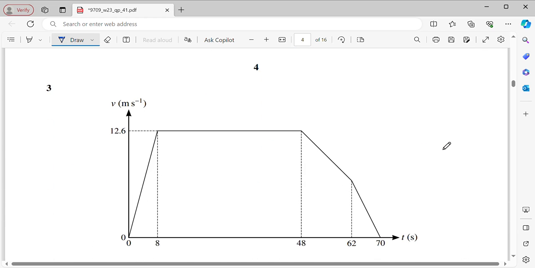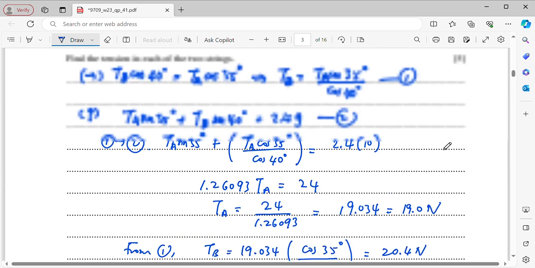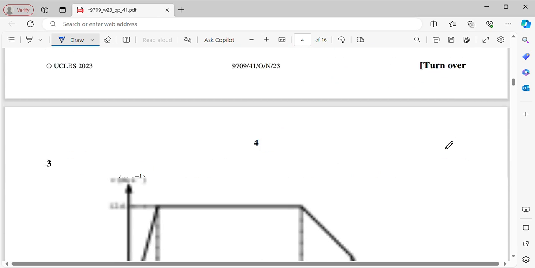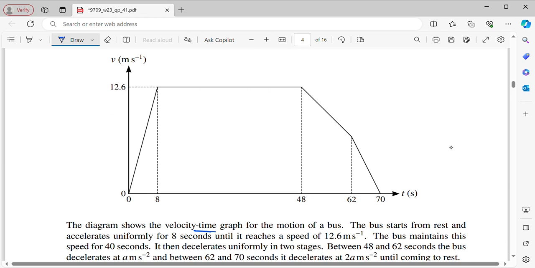Okay, now for question number 2. Now for question number 3, the diagram shows the velocity time graph for the motion of a bus. The bus starts from rest here, accelerates uniformly for 8 seconds until it reaches a speed of 12.6 meters per second. The bus maintains this speed for 40 seconds, that means here is 40.